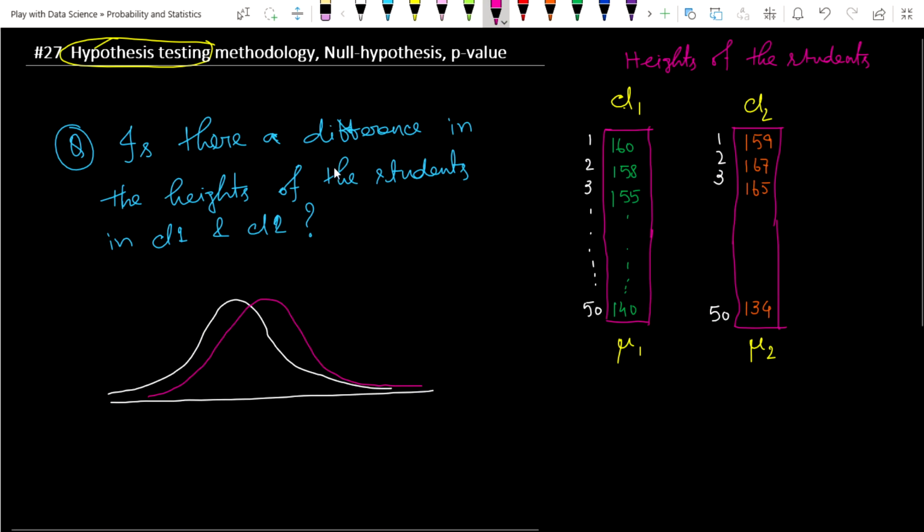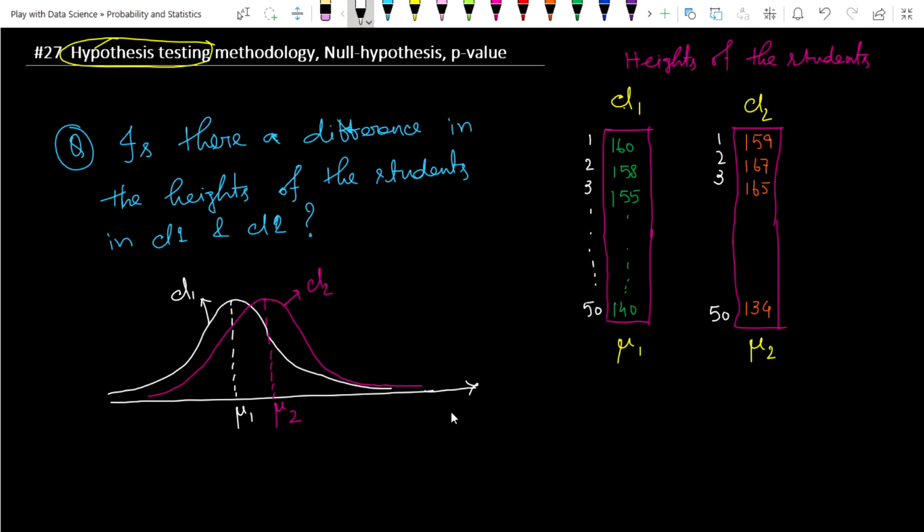For class 2 the mean lies somewhere here, mu 2, and for class 1 the mean is somewhere here, mu 1. The white curve is for class 1 and the pink curve is for class 2, and this axis is the random variable, height.